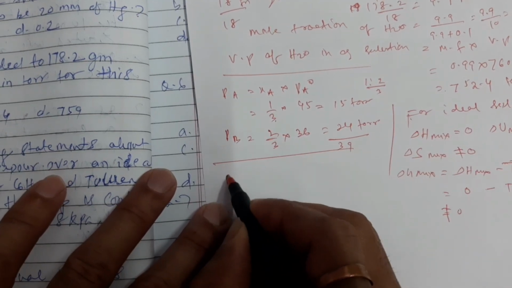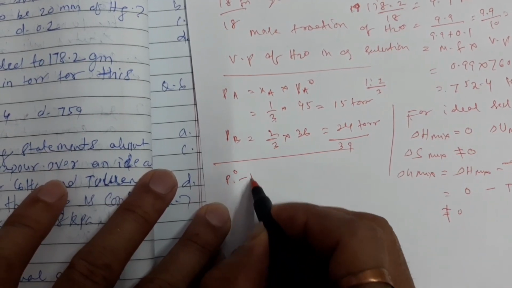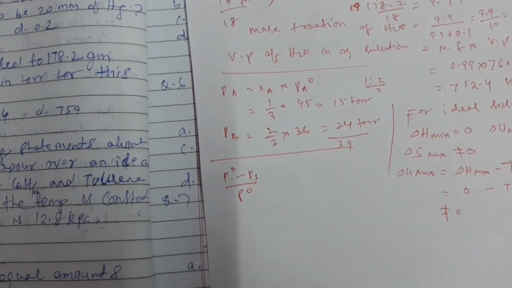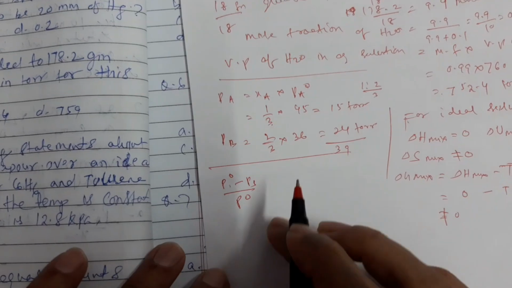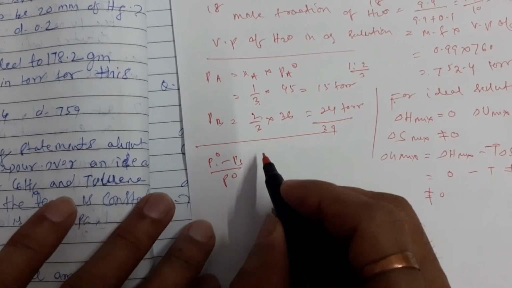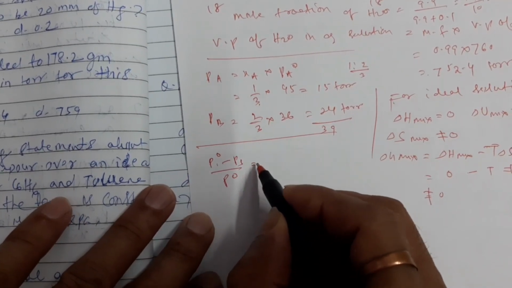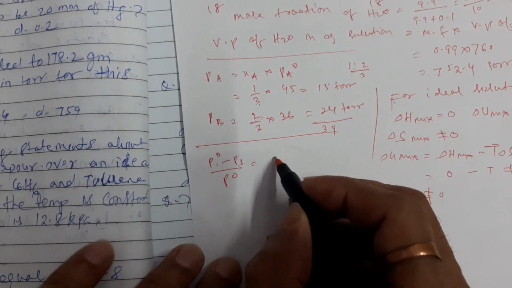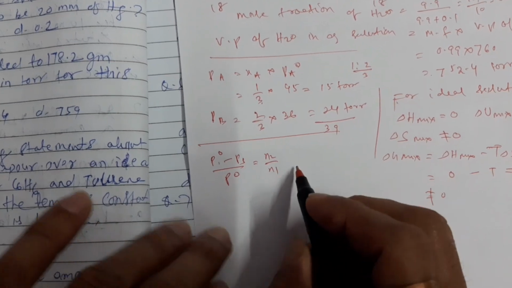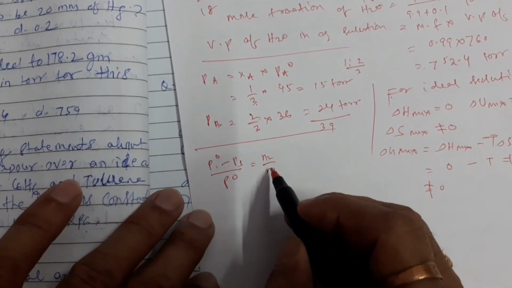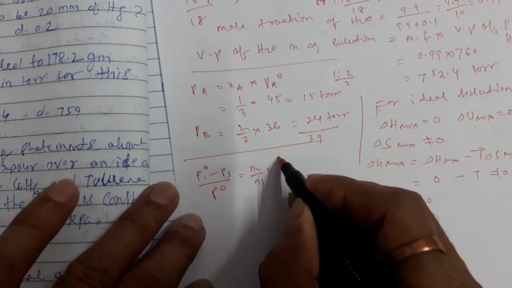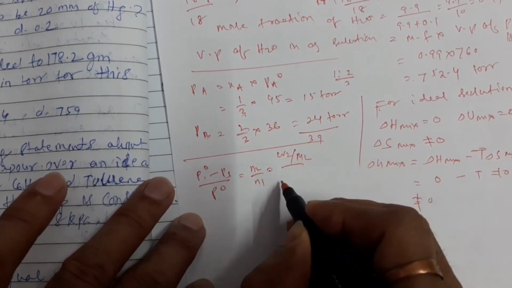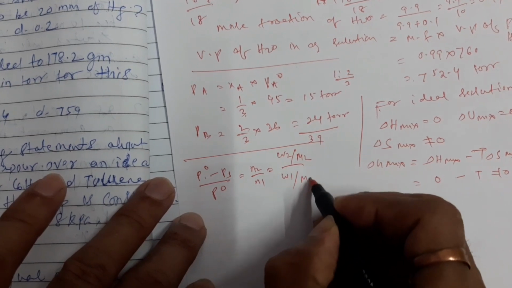So it is the formula (P0 minus Ps) by P0. See, this is known as the relative lowering of vapor pressure, and it is equal to N2 by N1, the mole ratio. This N2 is equal to W2 by M2, weight of the substance by molecular mass, and N1 is W1 by M1.